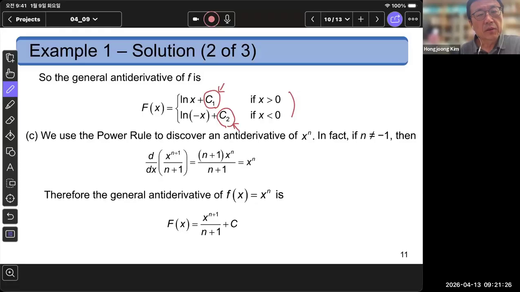But since this is so trivial, everyone knows that there will be two different constants for different intervals, because these two intervals are not connected. You have disjoint intervals, which are split at zero, right?